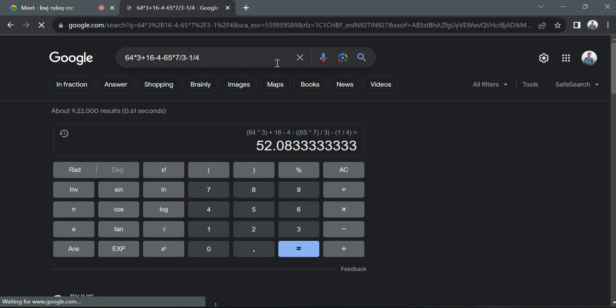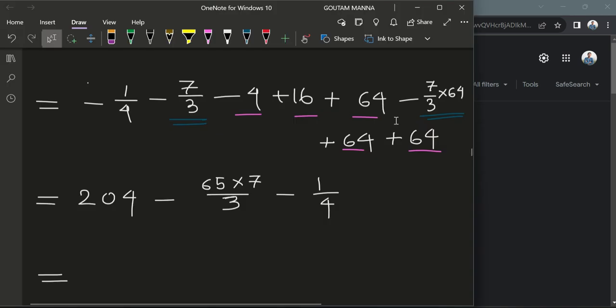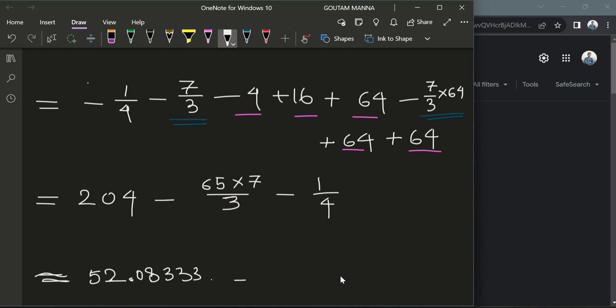So it will be 52.8333. Okay. So it will be 52.08333.